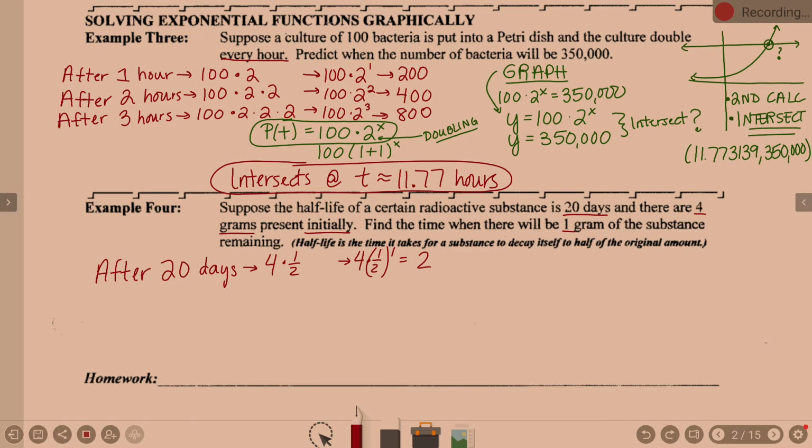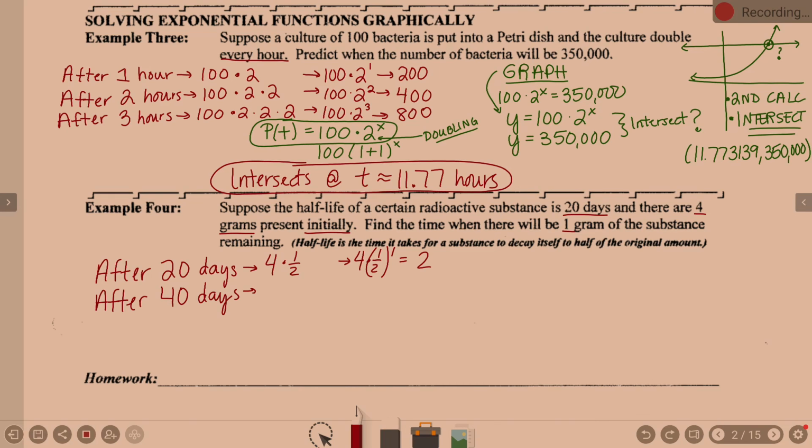I only really can do one more cycle. So that was after 20 days. What's the next increment? After 20 more days, which is going to be after 40 days.